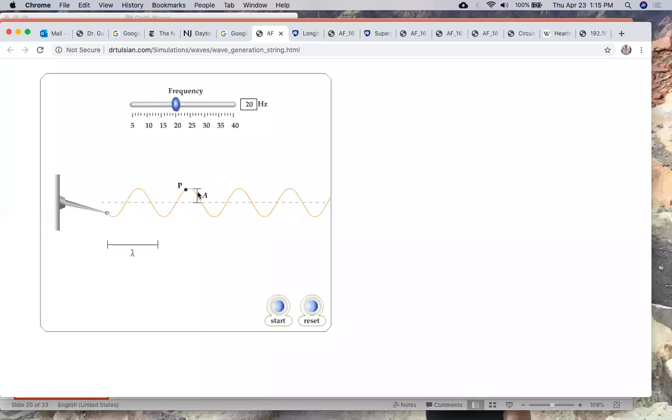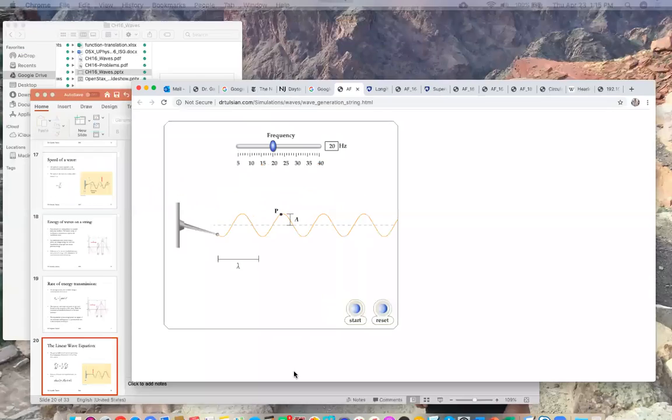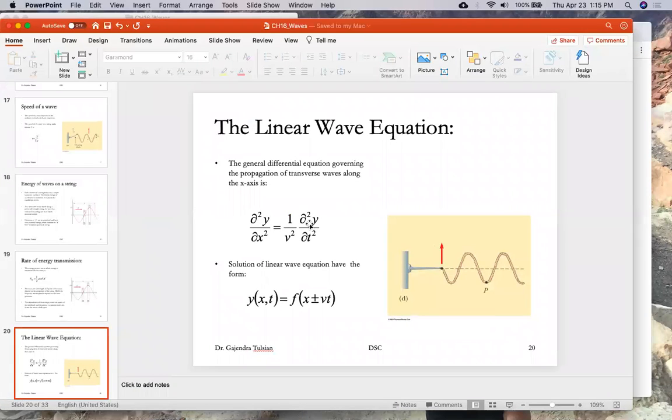So the behavior of this media is modeled by that differential equation. And it turns out solutions to this differential equation have to have this form: x plus or minus vt. And you saw that x minus vt was a pattern traveling to the right, and x plus vt was a pattern traveling to the left at speed v.